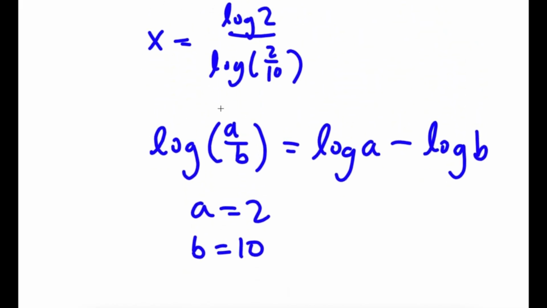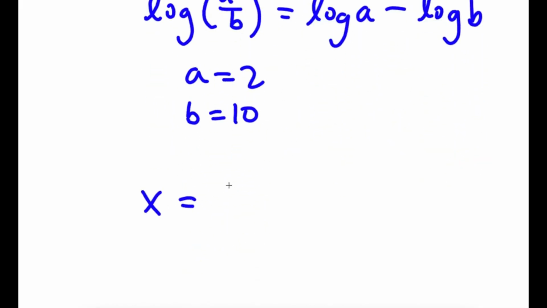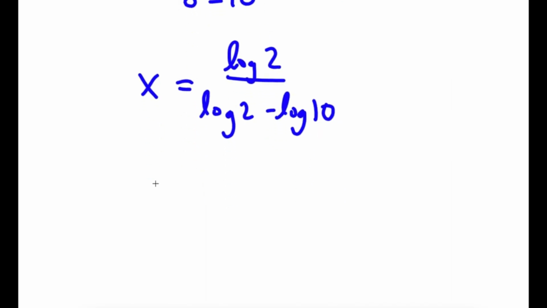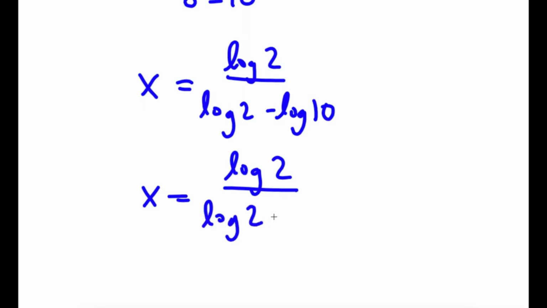So I can rewrite this as x is equal to log 2 over log 2 minus log 10. Now, log 10, as we all know, is simply 1. So I have x is equal to log 2 over log 2 minus 1.